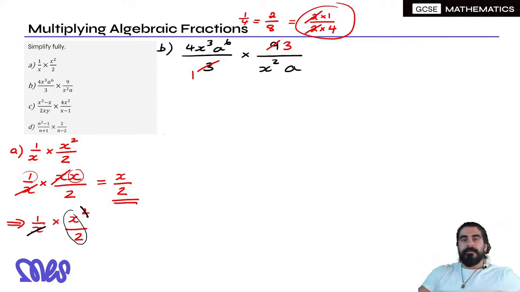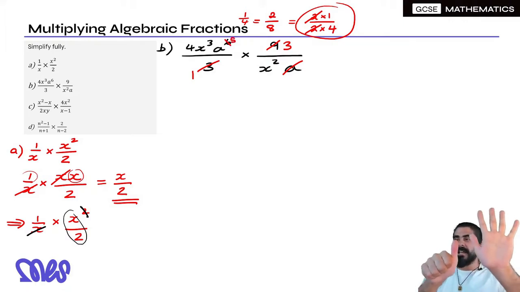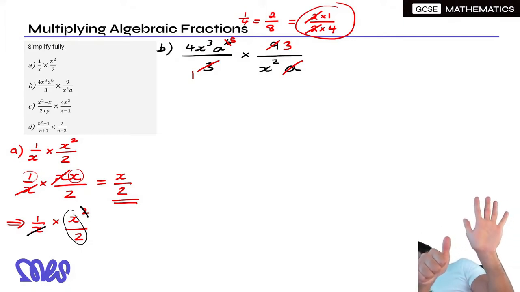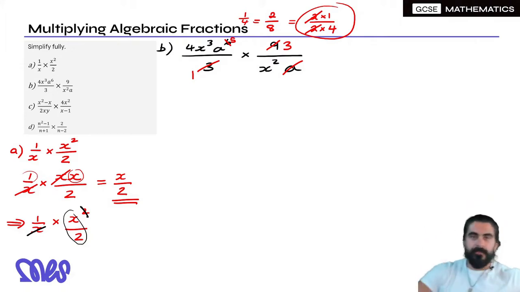This a goes into a to the power of 6, but it will remove one of the a's after cancellation. So instead of it being 6, it will be 5. Like I said, a to the power of 6 in the numerator is 6 a's being multiplied together. But when you divide by a, one of the a's goes, so we're just left with 5 of them. So this a just disappears. We could just say it's 1.